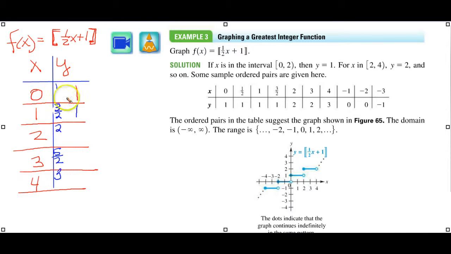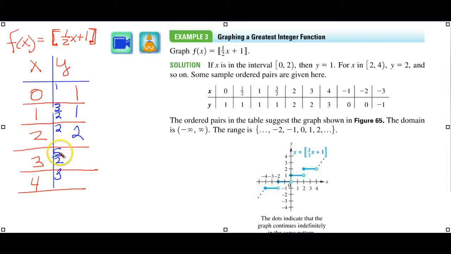Now here when we put a 2 in there, this becomes 1 plus 1 is 2. So the greatest integer less than or equal to x is 2. And then we put this here as well.